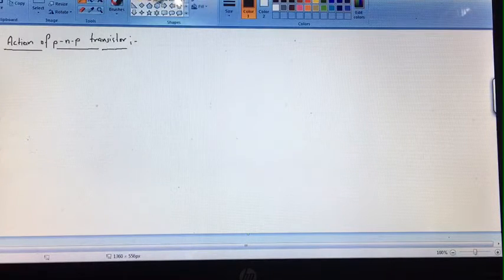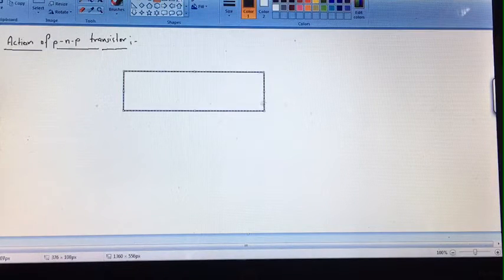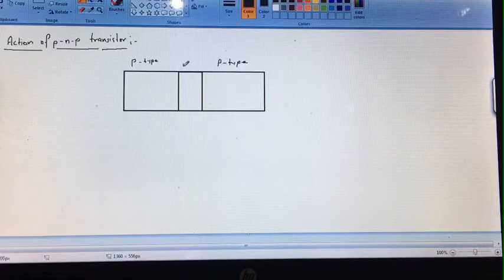In case of PNP transistor, there will be P-type semiconductor material in the side regions. This is also P-type, this is our N-type.